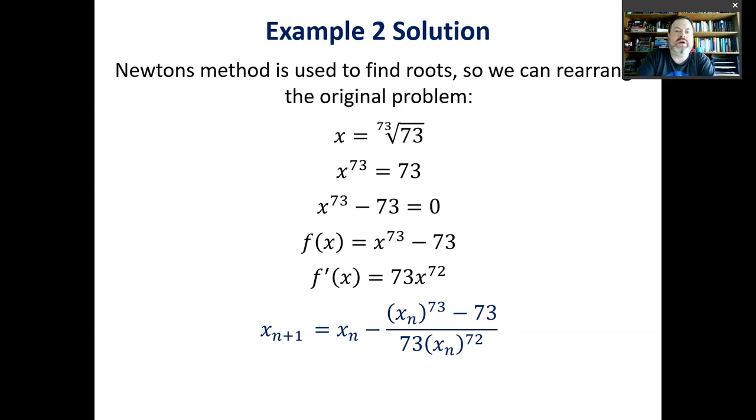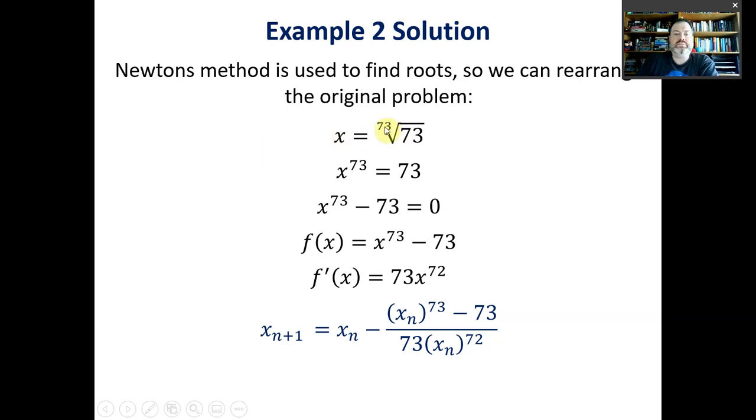Newton's method is used to find roots, so we just rearrange the original problem. We're trying to find this value, we just call it x. That's what we're interested in. And it was the same in the previous problem, we were interested in x, whatever it was, x3. But here, we don't know how far we have to go in the process. We're just going to call it x.